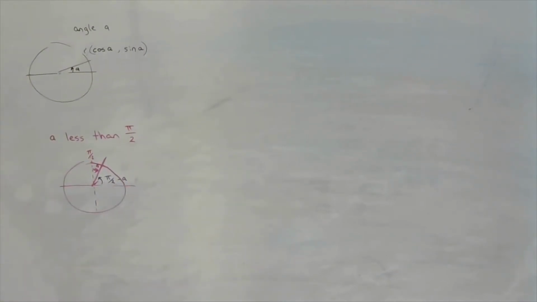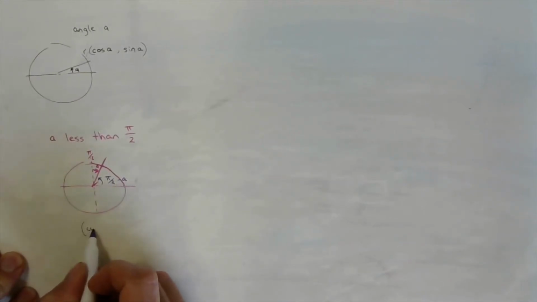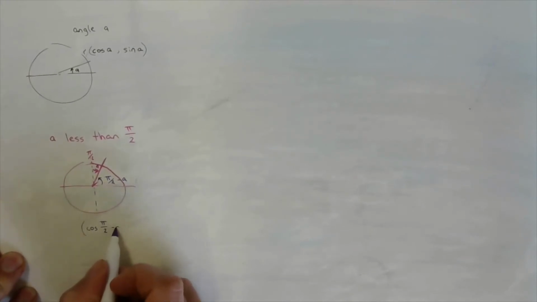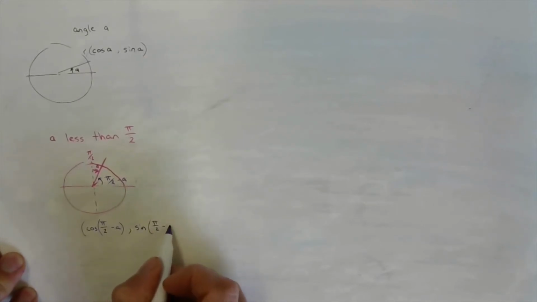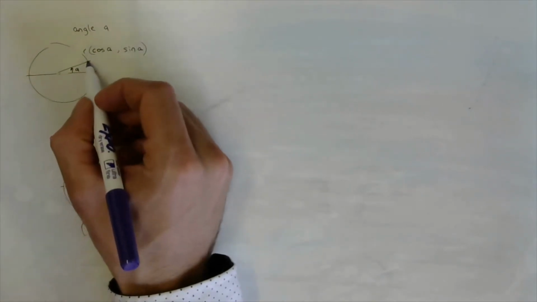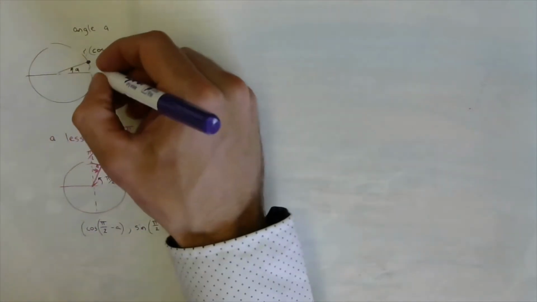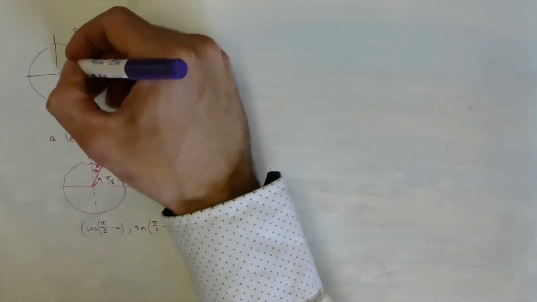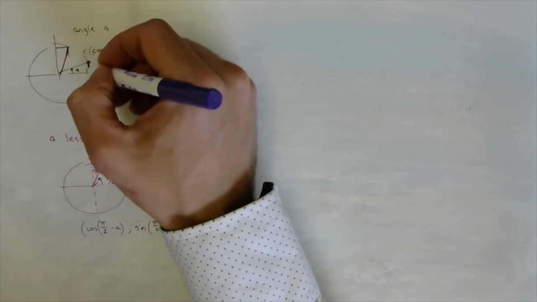So if we take those coordinates then, the coordinates of the point that go with pi over 2 minus A are going to be the cosine of pi over 2 minus A, and we got to put that in brackets, comma, the sine of pi over 2 minus A. And now we can think about our previous circle that we drew, and we find out that the coordinates, if we're at cosine A, sine A, and then we basically are just taking this right triangle, and we're basically flipping it to be tall and skinny instead of short and wide.